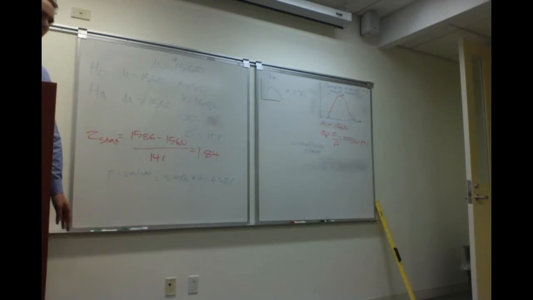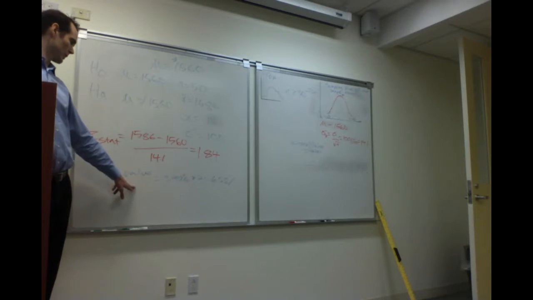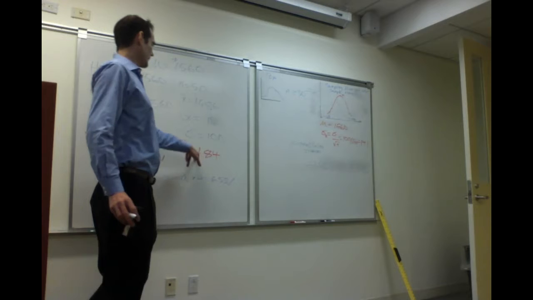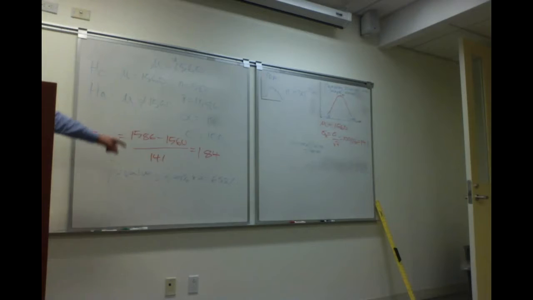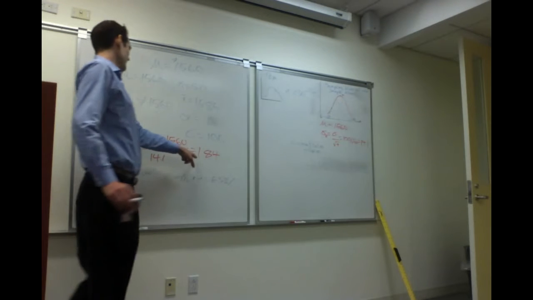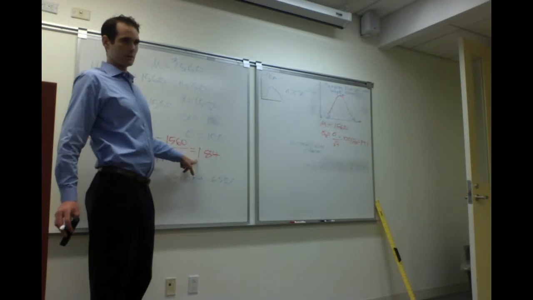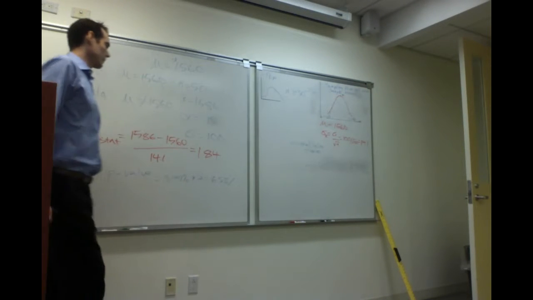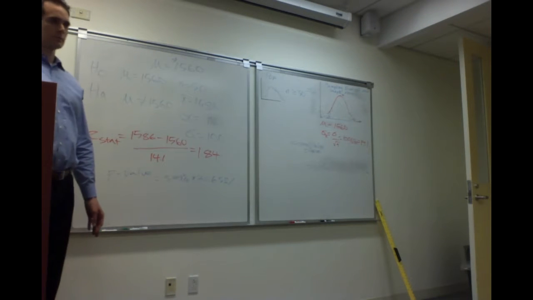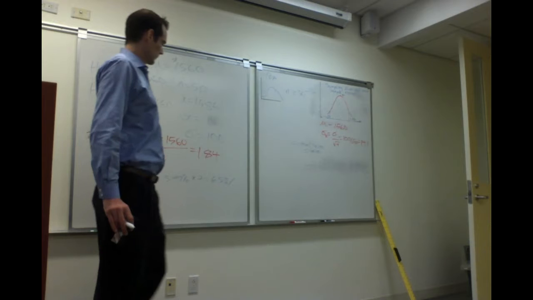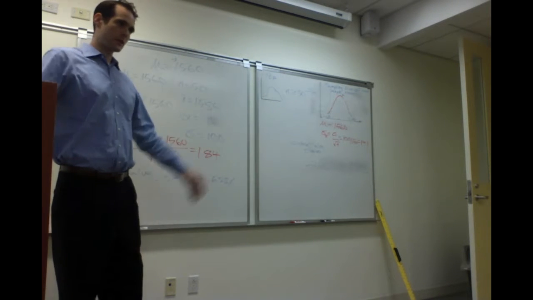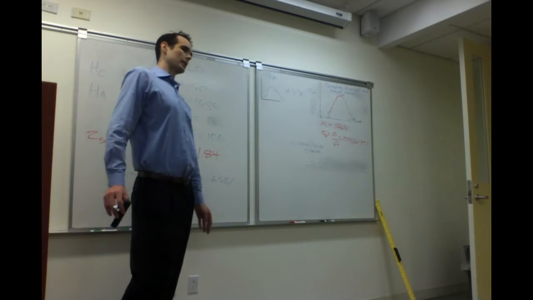Now, notice in these last two iterations, the p-value did not change. We still had the same test statistic of 1,586, which came out to a z-stat of 1.84, which came out to a p-value of 6.6%. Depending on what we chose for our significance level, that determined whether we accepted or rejected.